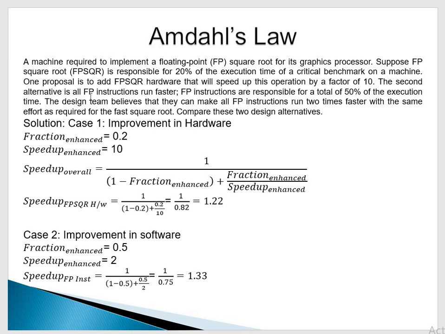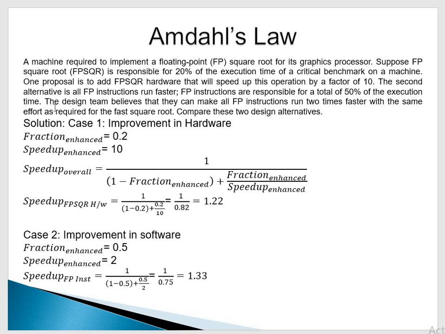What will be the proposed enhancement? That enhancement of floating point instructions is responsible for a total of 50% of the execution time. The instructions they want to improve contribute 50% of the total execution time.